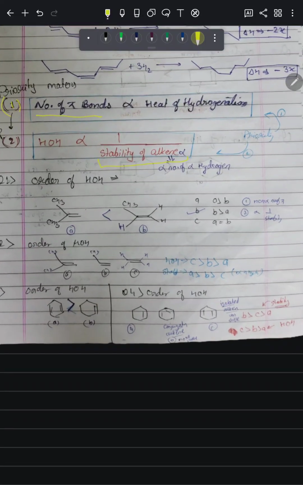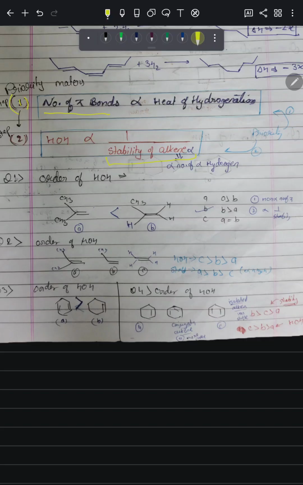So let's take an example here. In this molecule, as you can see, this is A and this is B. We need to find the order of heat of hydrogenation. First we check the number of pi bonds. As we know, here in the same molecule, the number of pi bonds is the same. So now we go to the stability of this molecule. A is more stable due to the presence of 6 alpha hydrogens.